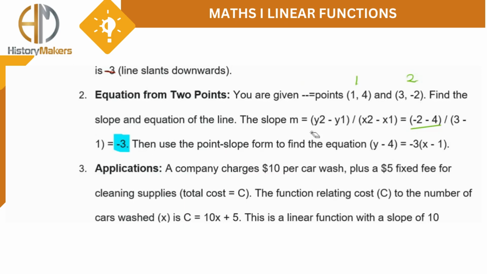Then use the point slope to find the equation: y minus 4 equals -3 times x minus 1. What is the point slope? Point slope says y minus y1 equals m times x minus x1. And then you leave the other one as it is.